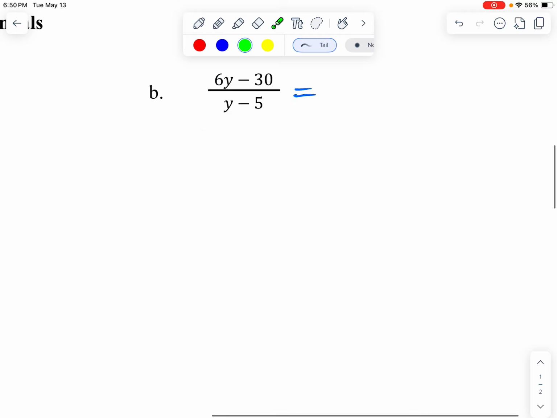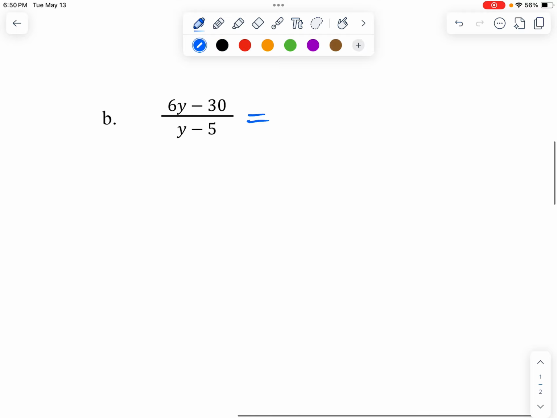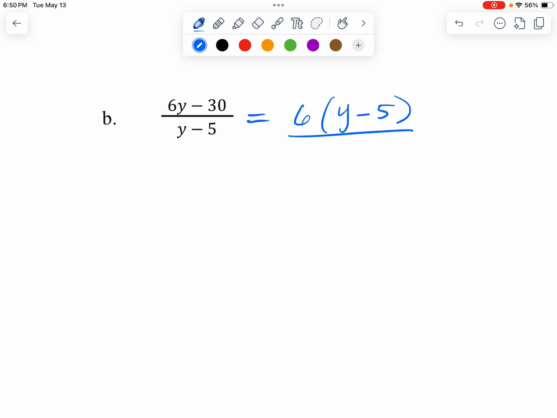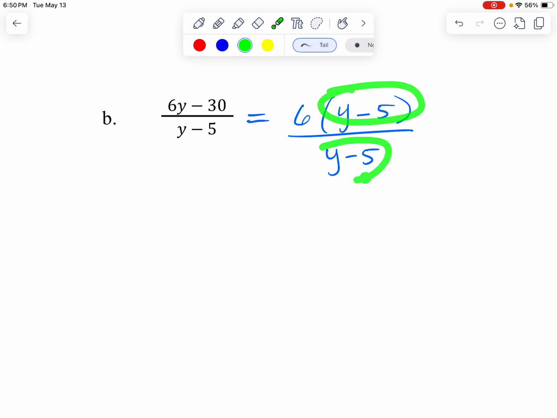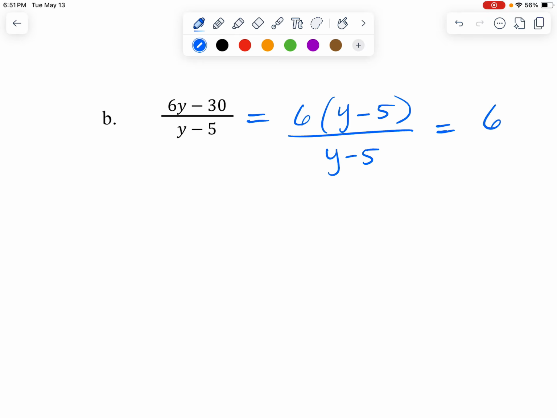Okay, so down here now we're factoring out a 6, so I'd have 6. This will leave me with y minus 5, and on the bottom we have y minus 5. And now, since I've got y minus 5 on the top and y minus 5 on the bottom, that just turns into a 1. Our final answer is just 6.